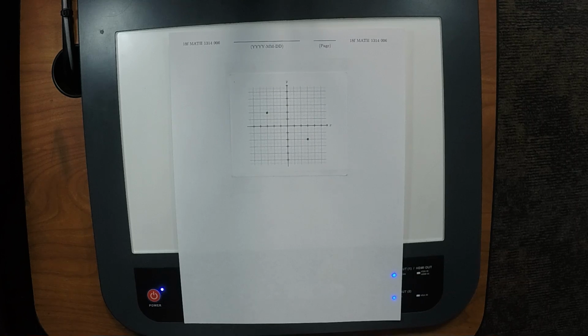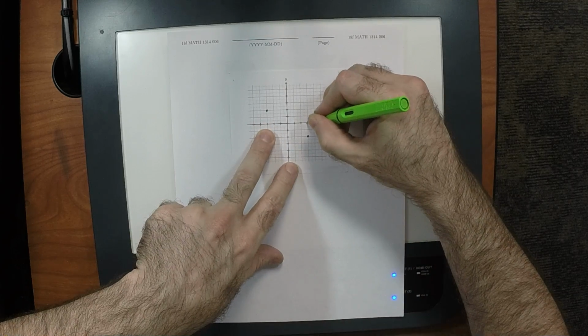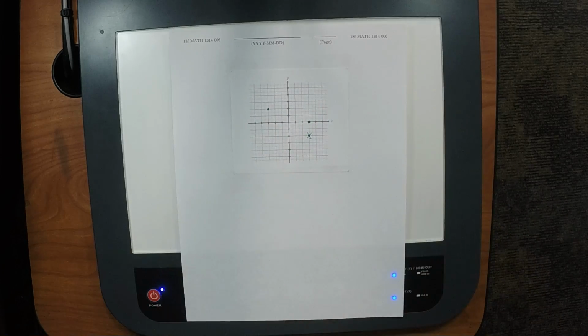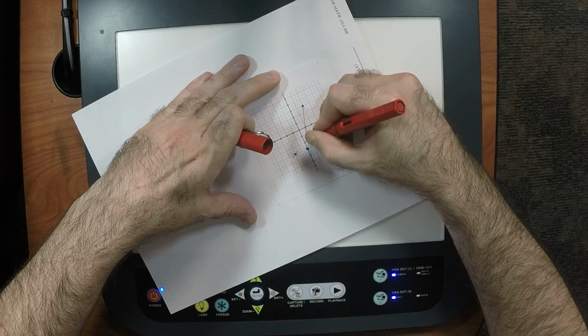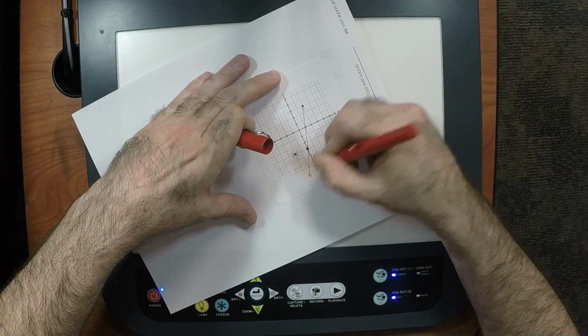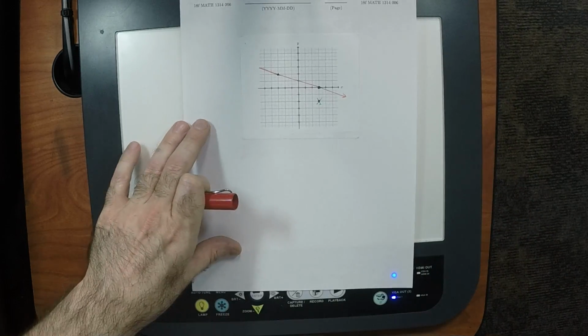Oh, I didn't want those points. That's fine, doesn't matter. No, I don't want those points. Ugh. I'm gonna do this one. So sorry about that one. Ignore that one. I didn't want it to go through the origin.